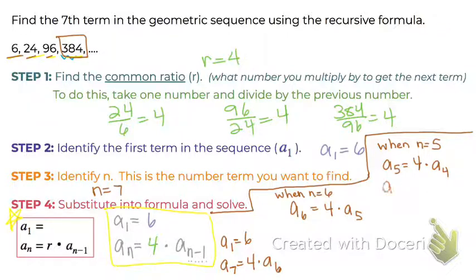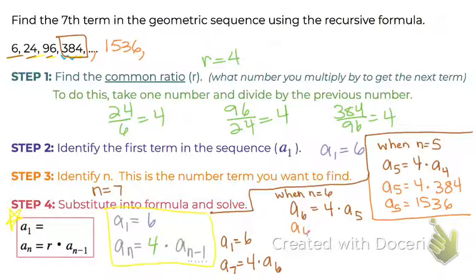So then we can just start substituting these in one at a time. So to find the fifth term, we take 4 and we multiply it by the fourth term. So let's do that. And now we know the fifth term. So now we can substitute that in to find the sixth term. To find the sixth term, it's 4 times the fifth term.